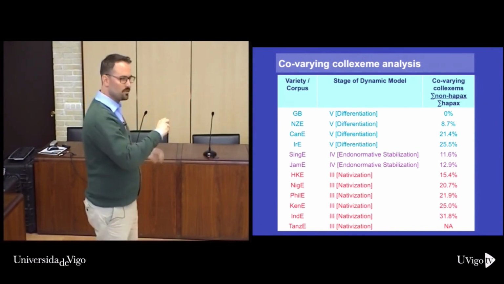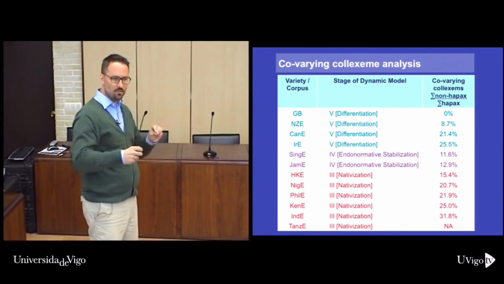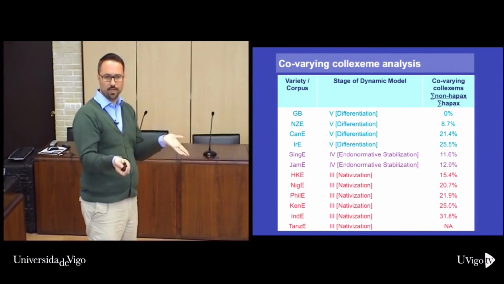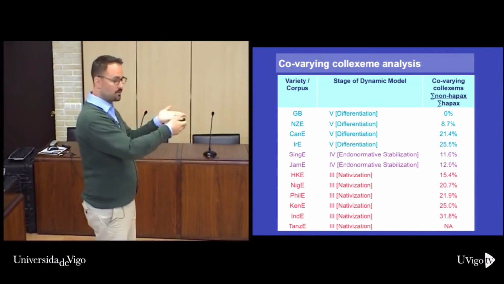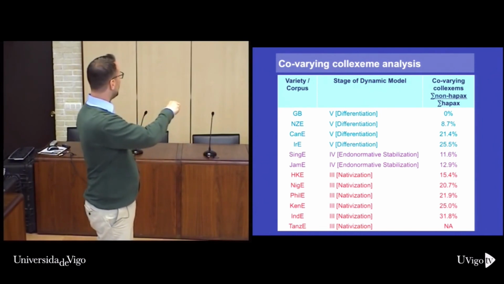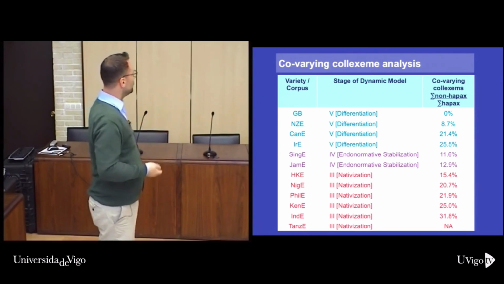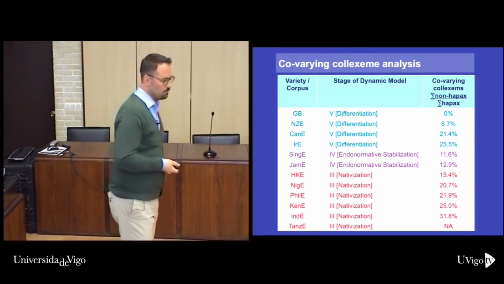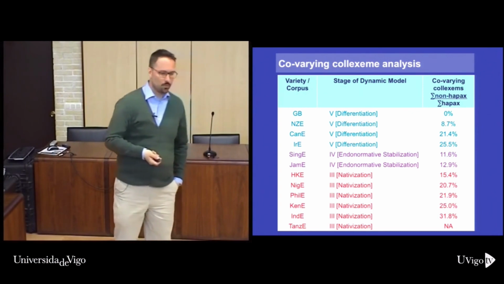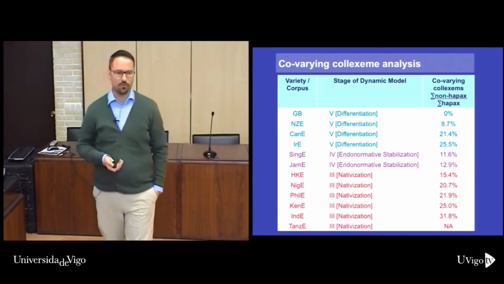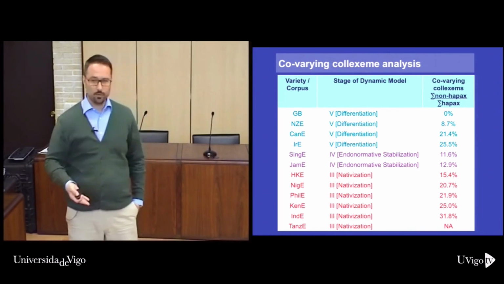But for British and New Zealand English, we see that there's a high type frequency, many different types, but not many tokens that occur more than once, which gives you a productive pattern, more of a macro construction. For our stage 3 varieties, like Indian English and Kenyan English, you get a percentage of 31, 20%, a higher number. And in between would be stage 4 varieties like Singaporean and Jamaican English. So this general tendency would support the fact that the more stage 3 a variety is, the more mesoconstructions you use.